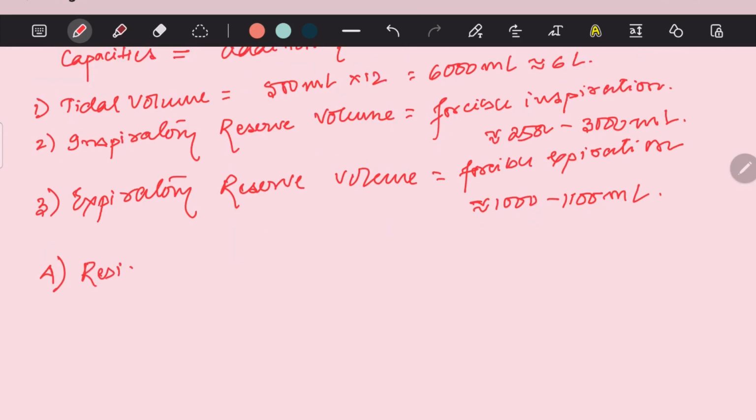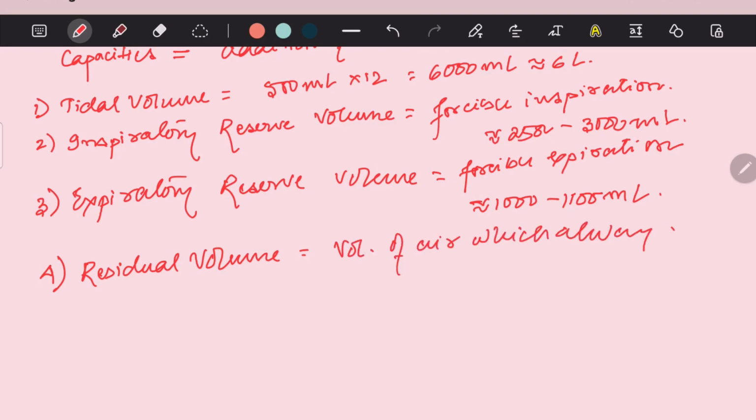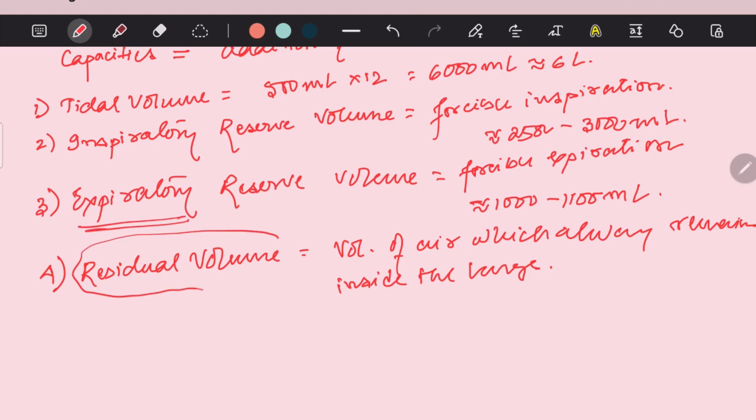We have something called the residual volume. Now, residual volume is that volume of air which always remains inside the lungs. That is, even after forceful expiration, this volume of air remains inside the lungs. And this is around 1,100 to around 1,200 milliliters.